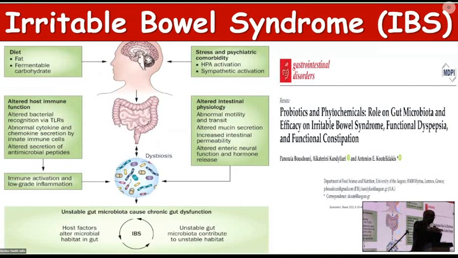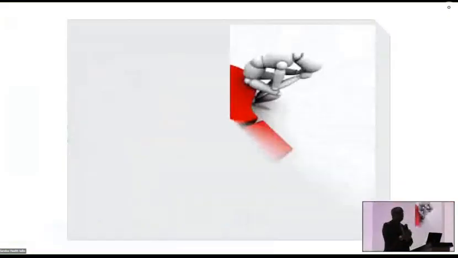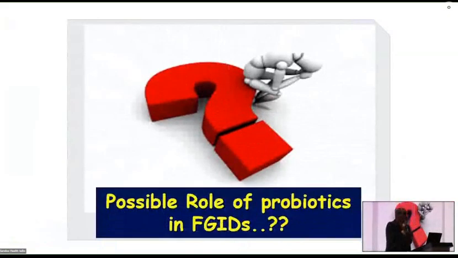The disturbed gut function will lead to disturbed intestinal microbiota, and intestinal microbiota will disturb gut function. So they started to mention that dysbiosis is one of the most important factors that can lead to irritable bowel syndrome.